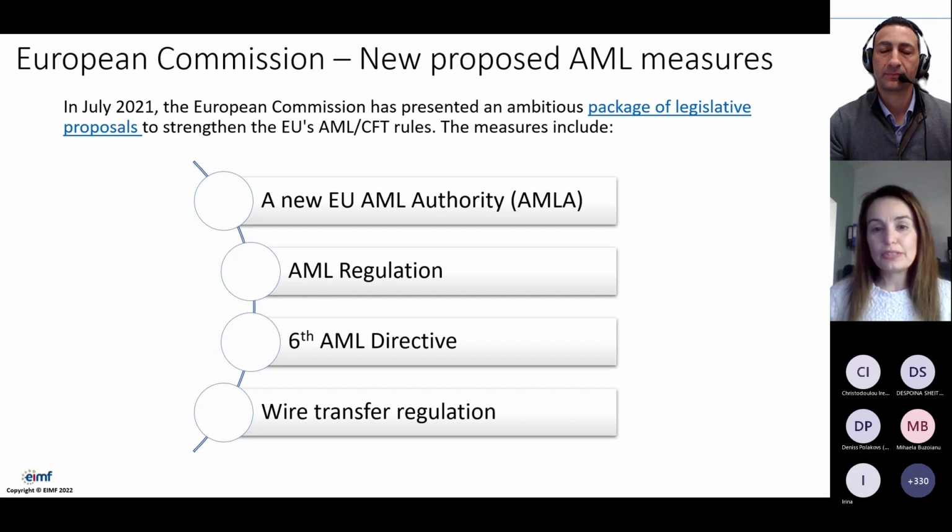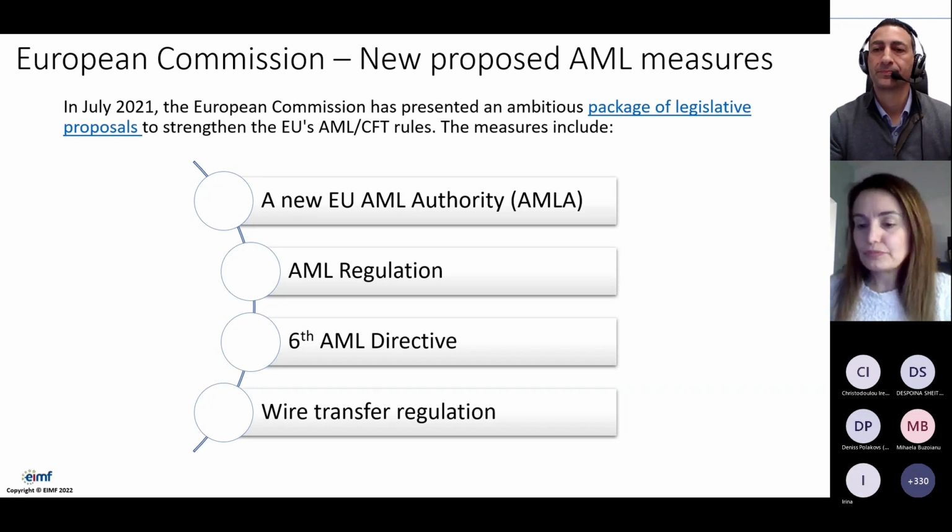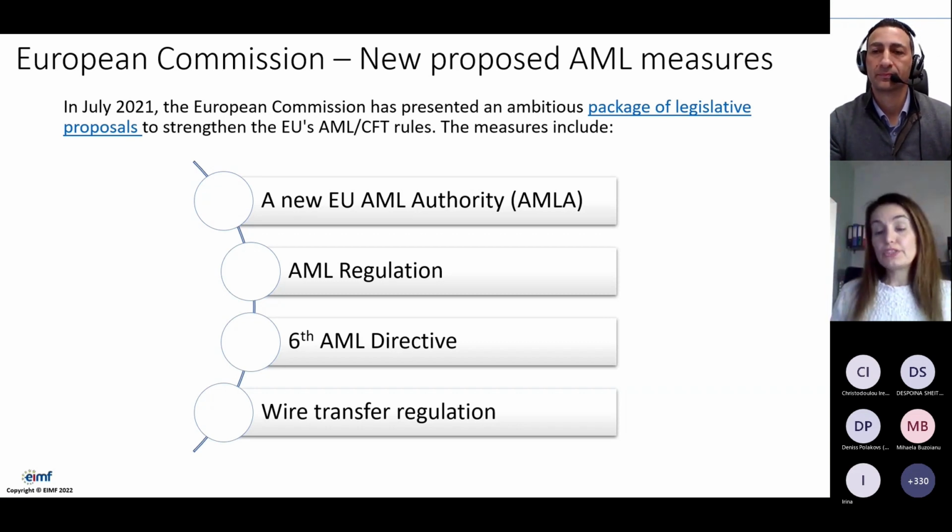Last year in July, the European Commission announced new measures. They are not yet implemented. Of course, they are in the process to be voted, and around 2024 we will see these changes. First of all, AMLA, the AML authority.